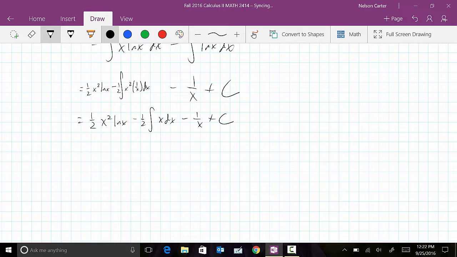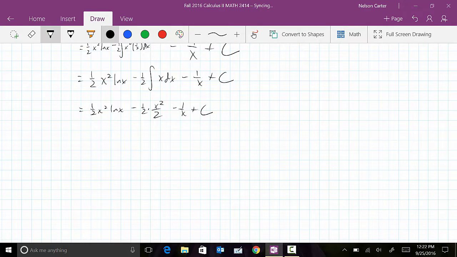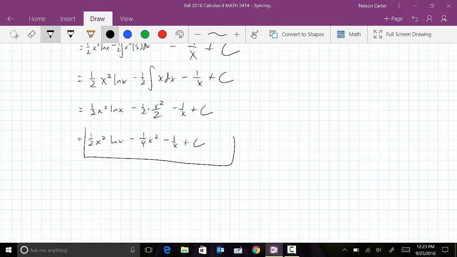And then this is going to be 1/2 x squared times the ln of x minus 1/2, and then this is x squared over 2, minus 1 over x plus a constant. So this is 1/2 x squared times the ln of x minus 1/4 times x squared minus 1 over x plus a constant, and that is it.